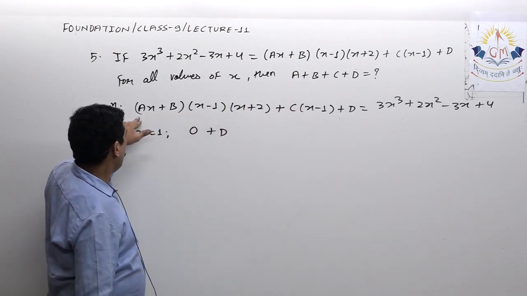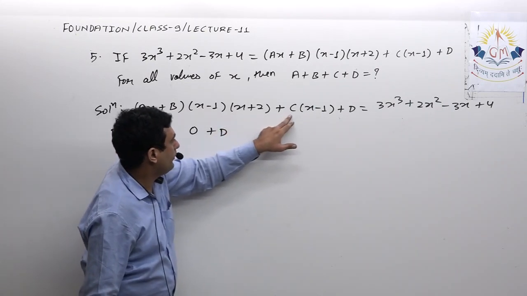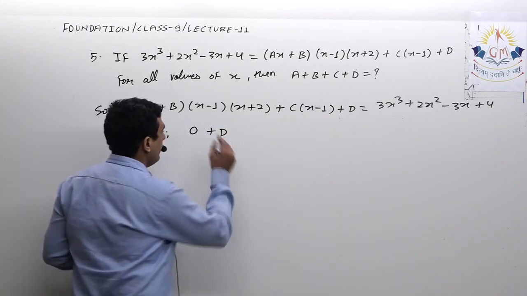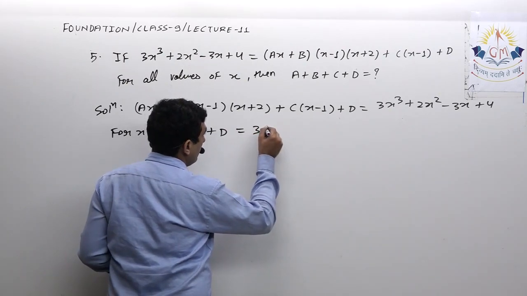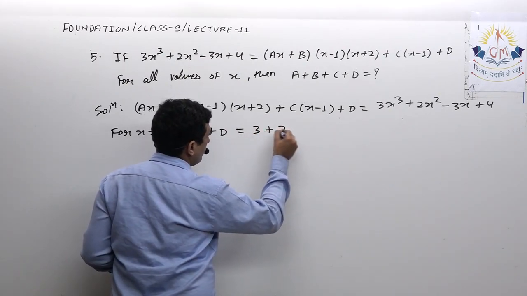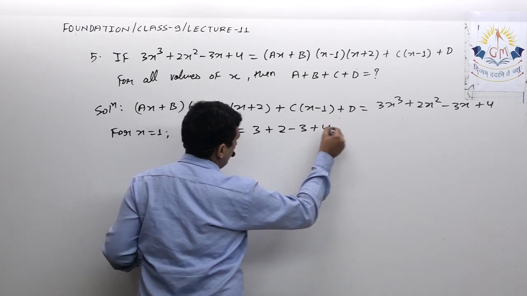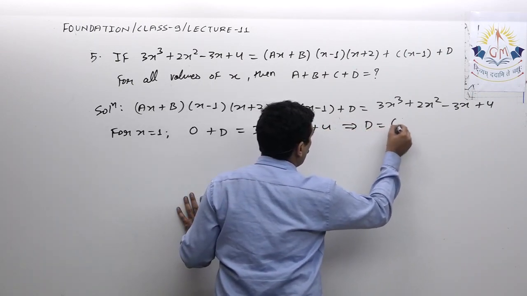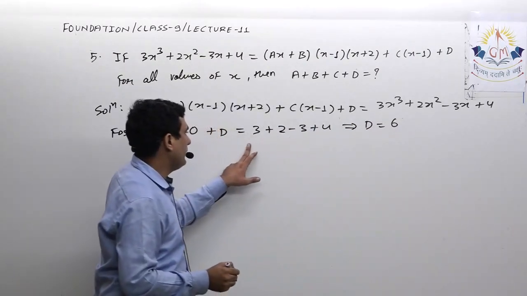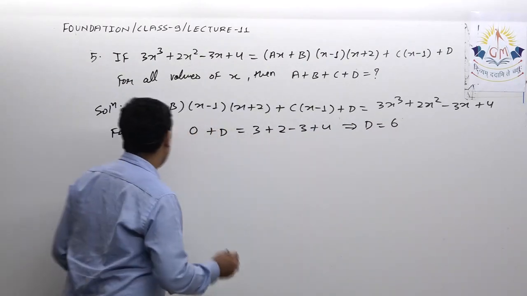The first term will be 0 plus the second will be 0. We'll get 0 plus d is equal to 3 plus 2 minus 3 plus 4, which ultimately gives me d is equal to 6. Okay, minus 3 plus 3 will cancel out, 2 plus 4 equal to 6.